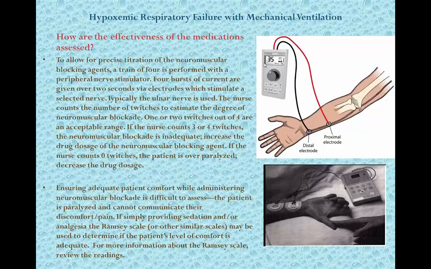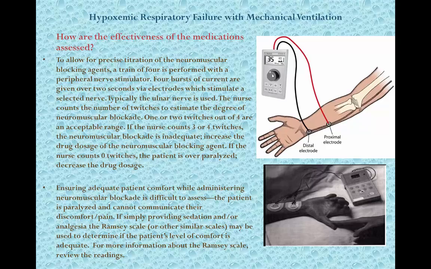So this is the machine here that initiates an electrical impulse. It's kind of like getting shocked. And you put the 2 electrodes over a nerve. Sometimes you'll see it on the arm, sometimes on the head because there's a nerve that goes right across the temple.